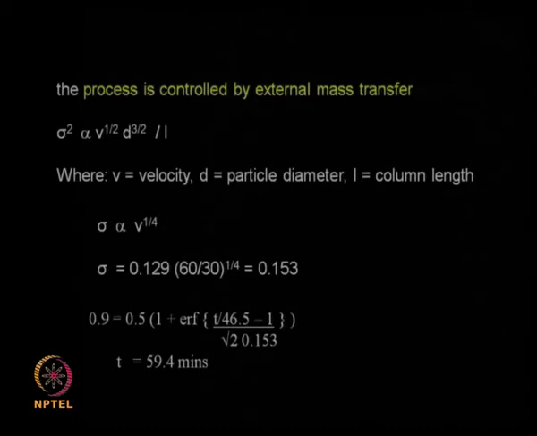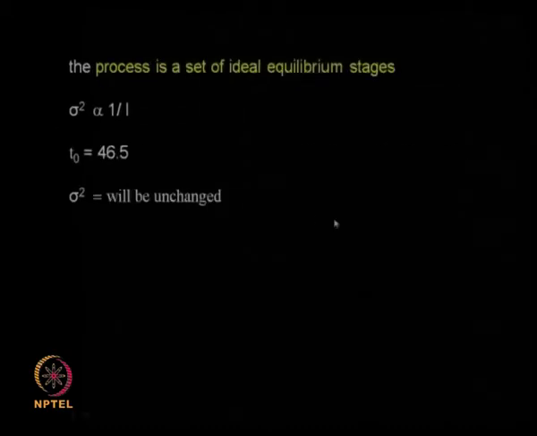Okay, let us consider another situation. If the process is a set of ideal equilibrium stages, if you remember, maybe 2-3 classes back, I talked about ideal equilibrium stages. That means the chromatography's entire column is divided into n number of ideal stages, each stage has the stationary phase equally distributed. The continuous phase is entering from, say, the left hand side, and then it is leaving on the right hand side of each stage.